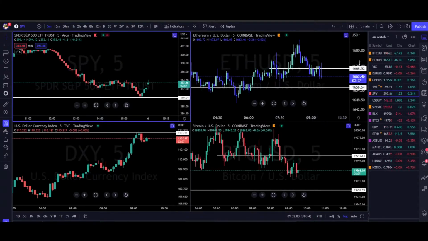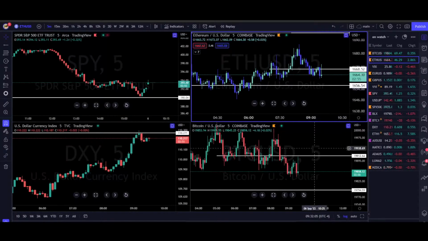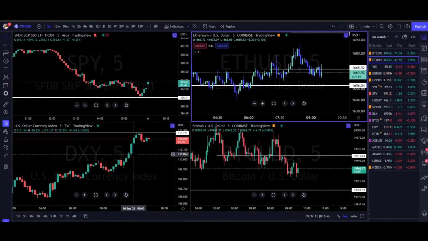ETH gave you a second chance. It's your choice. Dollar is very strong today. ETH is very strong today. SPX is back to bullish on the day, but just barely.